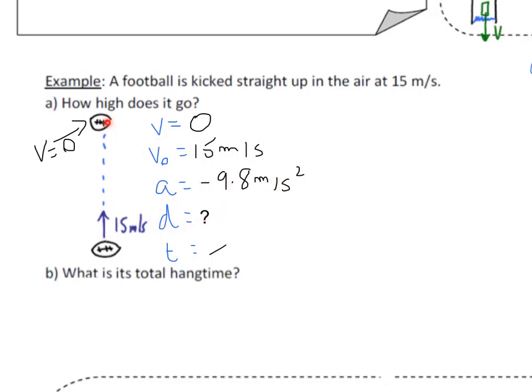We're trying to find how high up it goes, and we don't know time. So the formula we're going to use is V squared equals V0 squared plus 2ad. And then we just plug these numbers in.